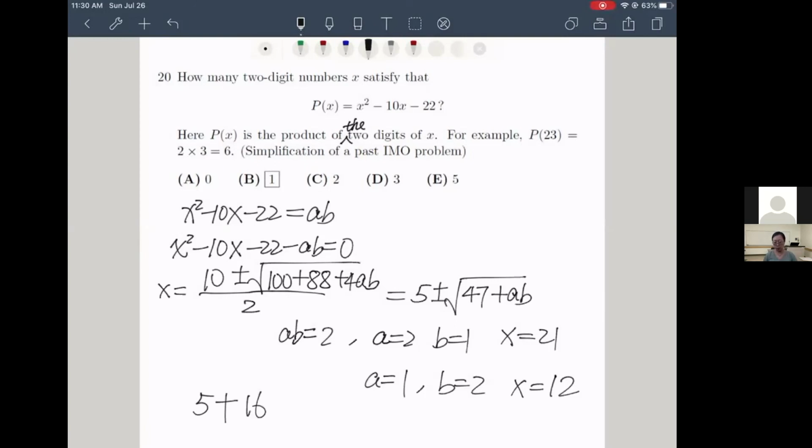But in the square root, it cannot be 16. How about the second one? So this one works. When x is 12, 5 plus 7, we need 7, which is exactly right. So the answer is 1. There's only one such x. B.